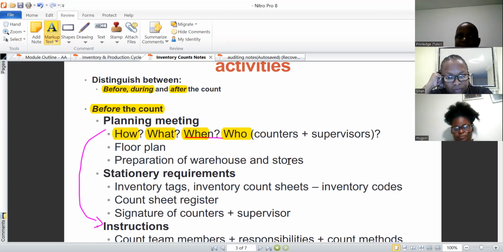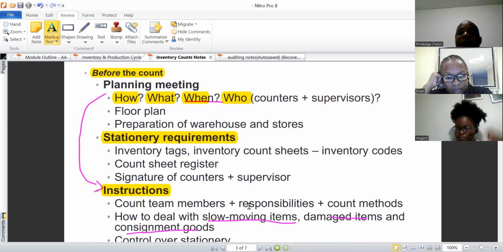So when inventory counts happen, they don't just happen at random. No, they would have already planned for it ahead of time. Then the stationery requirements are established before the count, and even the instructions of how the inventory counts are to be conducted are done before the count.